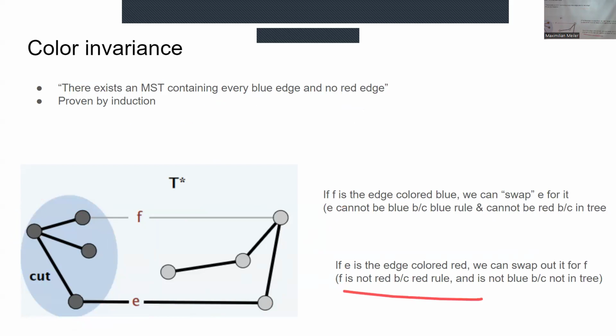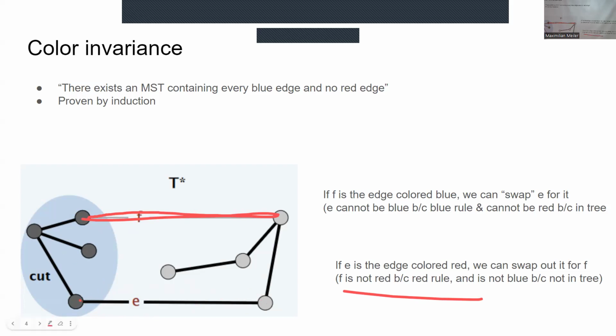Then this proof for red is kind of the opposite. So if you color this edge E red and it's already in the tree, we want to get rid of it. And what we can realize is that by getting rid of this, we can instead take the edge F, and we can do that because it's also uncolored. If you take it, it would form a cycle, and E is being colored red.